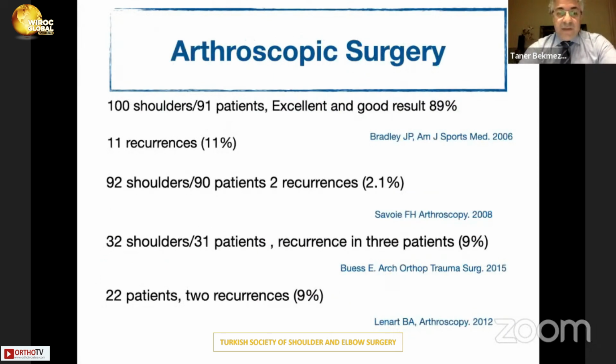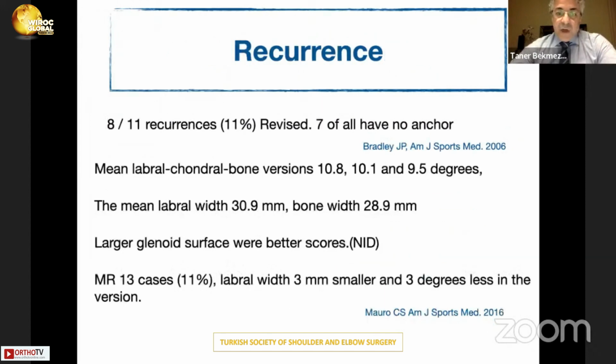There are a few studies that support good and excellent results of arthroscopic treatment and acceptable recurrence rates for posterior instability. But why is this happening? When we check the reasons for recurrence, two studies seem important to discuss.